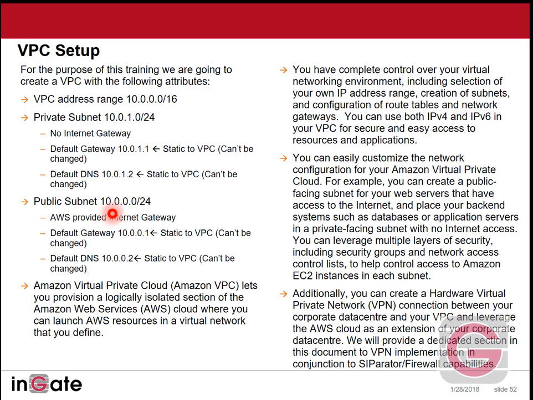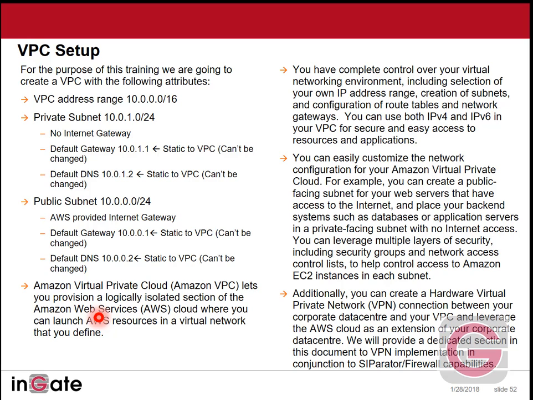So the public subnet is going to be in 10.0.0.0/24, and the private subnet is going to be in 10.0.1.0/24. So Amazon VPC lets you provision logically isolated sections of a private cloud inside AWS.